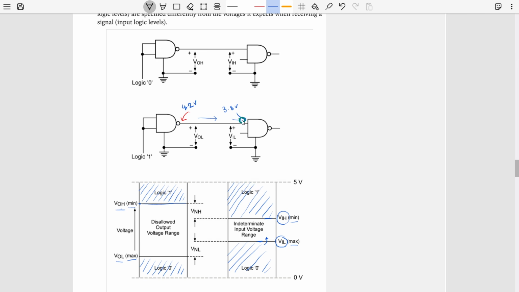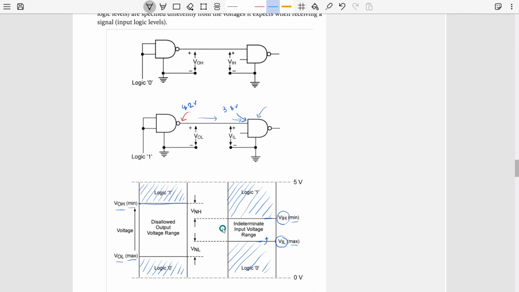Understand? So this can happen in between this transmission. Any voltage can be dropped or any noise can be added. And if that happens, how will the receiving side properly recognize that? That is why we have separate logic levels actually.